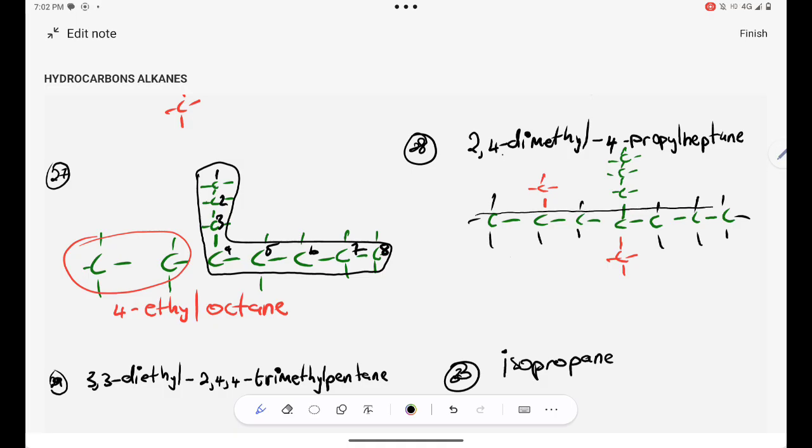This is our parent chain over there. Are we together? This will be carbon number 1, 2, 3, 4, 5, 6, 7, right? At carbon number 2 and carbon number 4, we have this situation over there. As well as carbon number 4, we have this propyl over there.